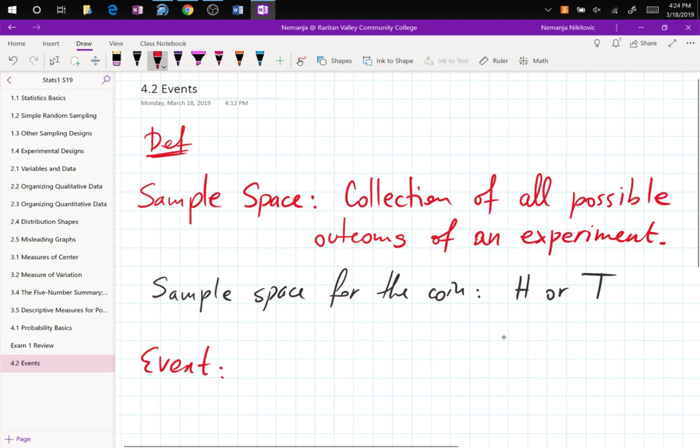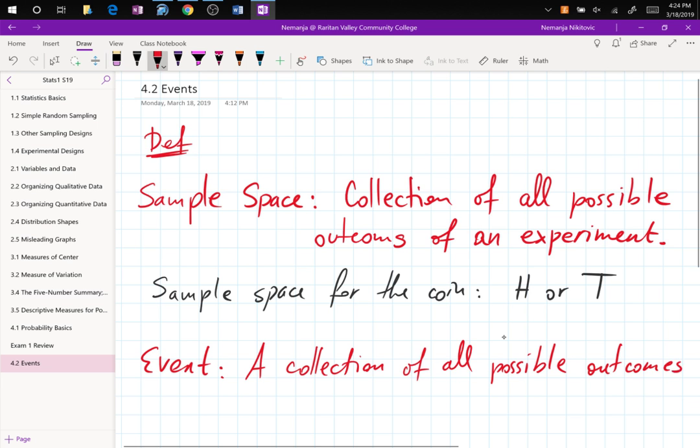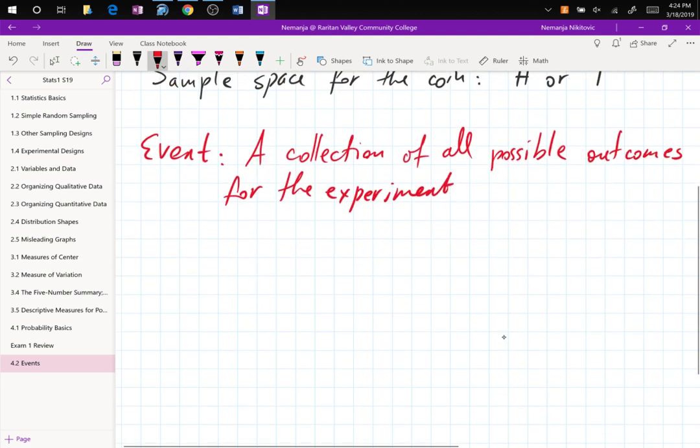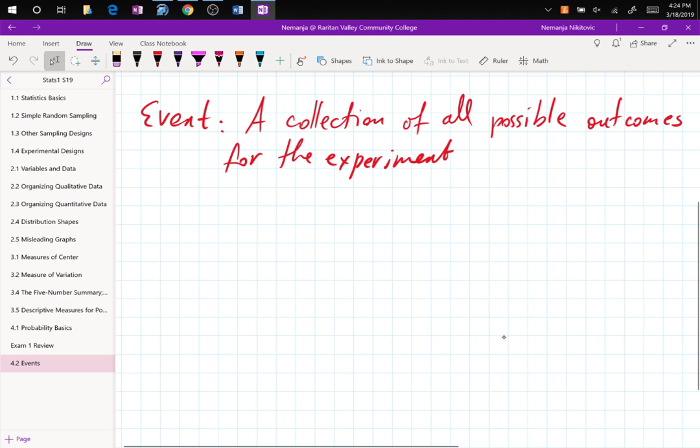We'll talk about this. So, a collection of all possible outcomes for the experiment, in parentheses, subset of the sample space.